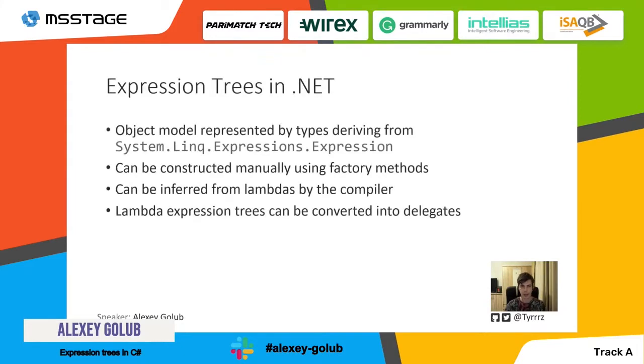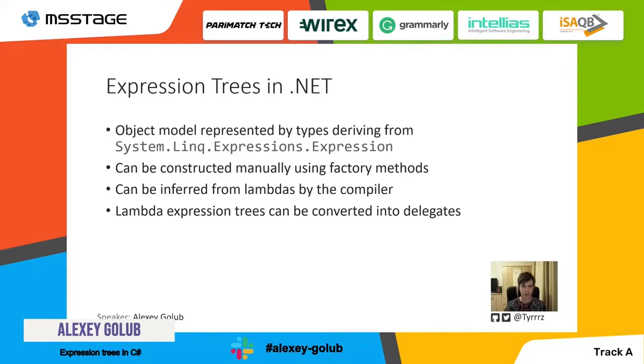And when it comes to .NET, expression trees are a little bit more specific. You can use them to model the different expressions we would normally be able to write using C# or F# or other languages. All of the expressions supported by the framework are located in the System.Linq.Expressions namespace, and they all derive from the Expression abstract class.